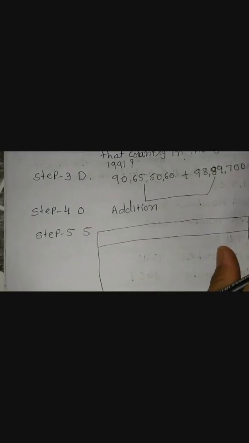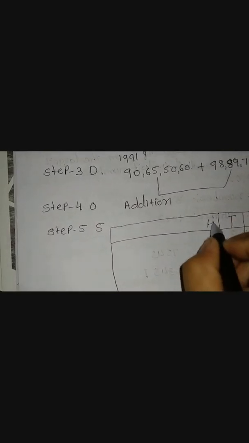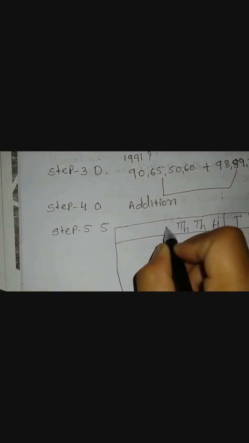Then we have to write here ones, tens, hundreds, thousands, 10,000s. Then we have to write lakhs, 10 lakhs, and crores.